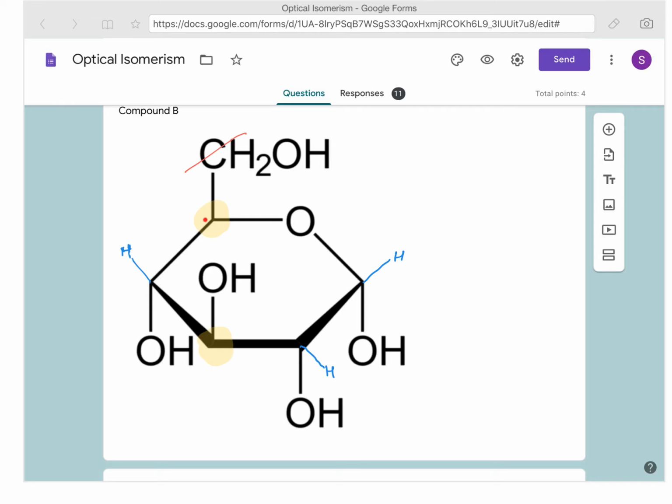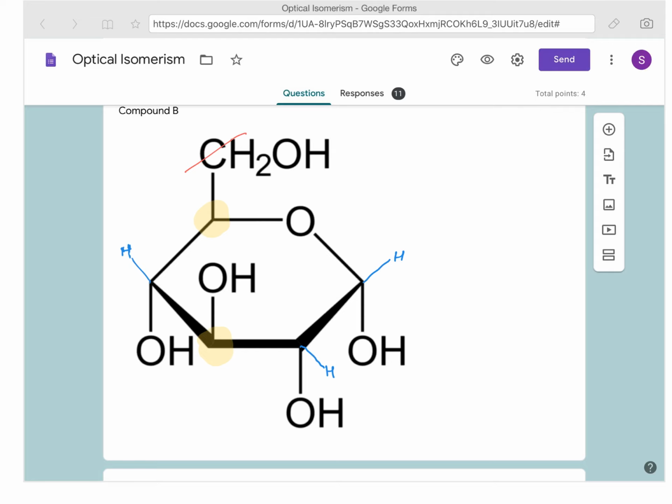Let's go down the molecule to this one. This one goes across to an oxygen, down to a carbon, across to a hydrogen, and up to a carbon. So it depends if this carbon and this carbon are symmetrical, are identical to each other. Well, straight away I can say that this carbon is part of a ring and this carbon isn't, so they're not going to be the same as each other.